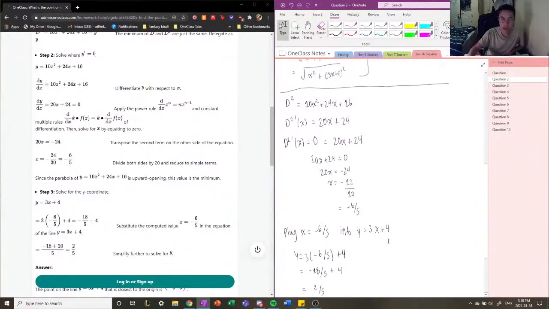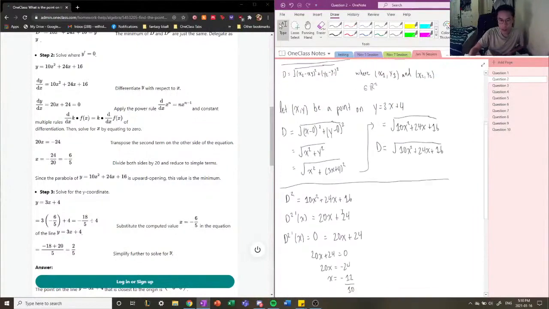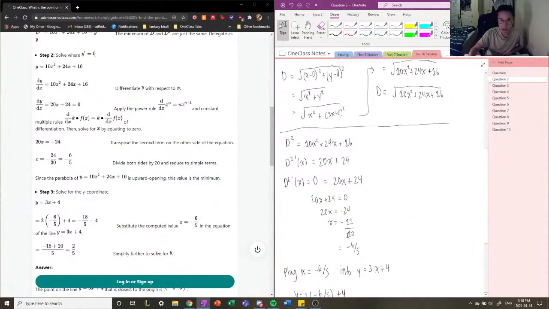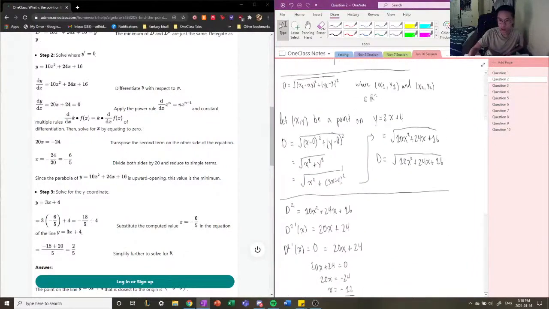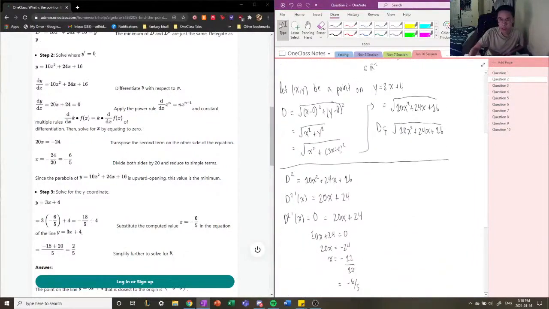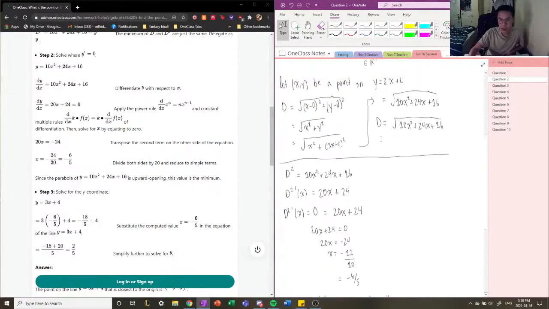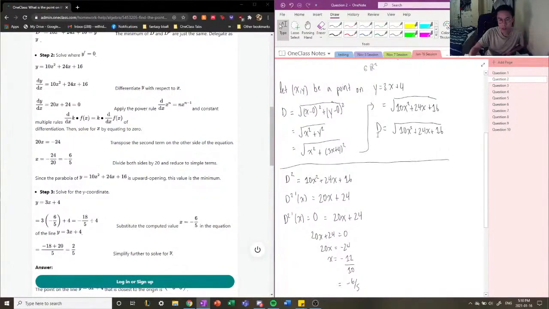So by optimizing this function, we have found the value of x, which is the coordinate for the point on the line that's closest to the origin. So in other words, when we are calculating the derivative of this function, right? This function measures the distance of every point on the line to the origin. So we're trying to find the critical point of this.